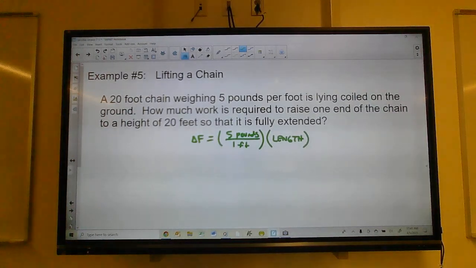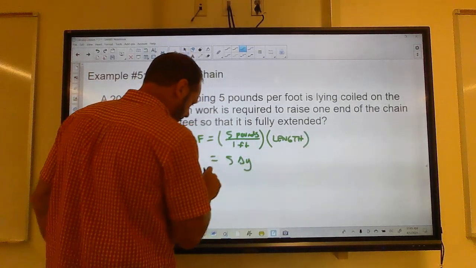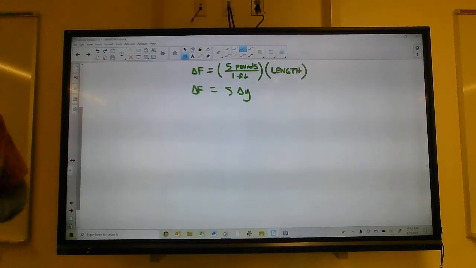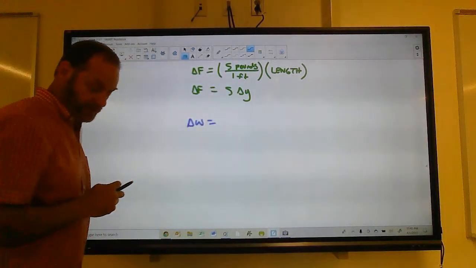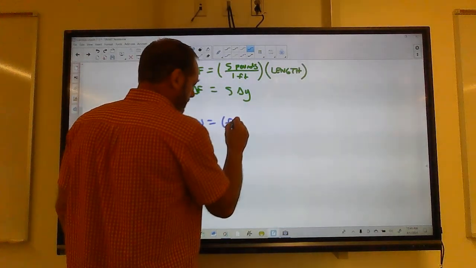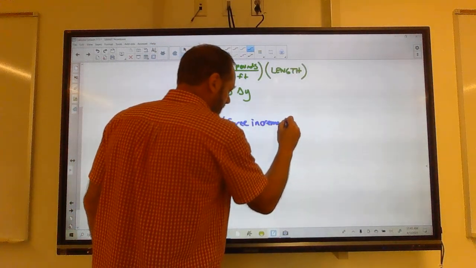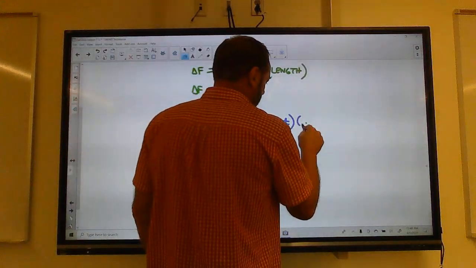So this is just 5, and this is going to be delta Y. Now, delta W is going to be the force increment F times the distance that it's got to be moved, right?